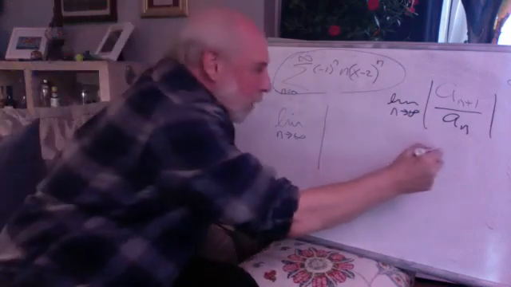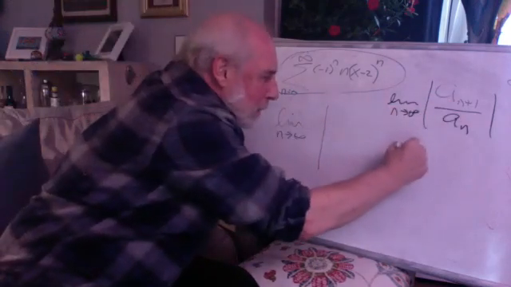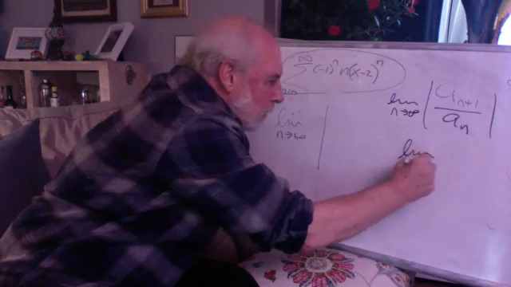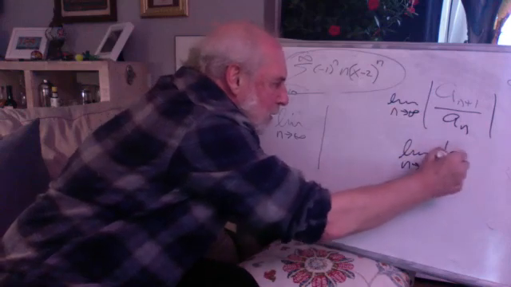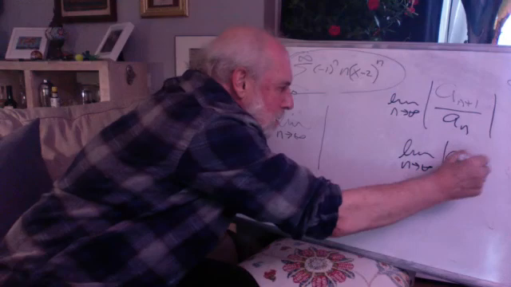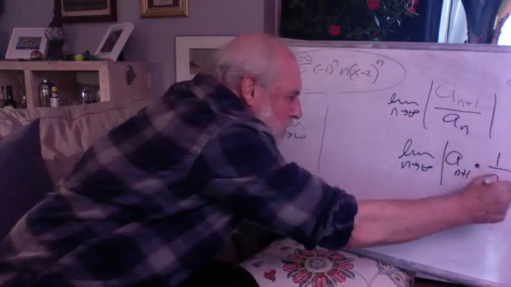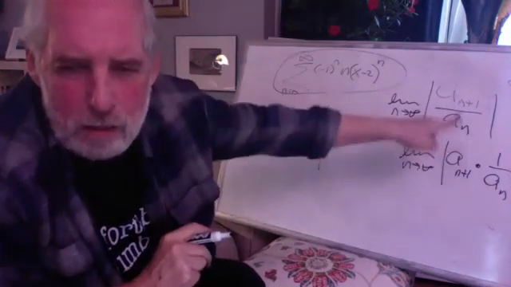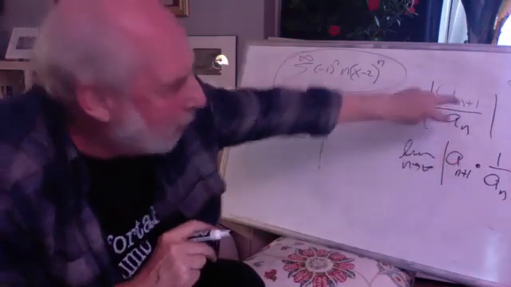What I'm doing when I write it is I'm skipping this, and I'm doing this. Are you okay with these two are the same thing? Okay, because yeah, just dividing.